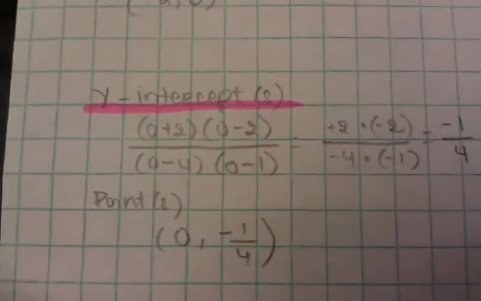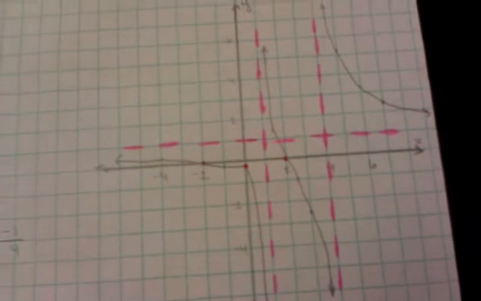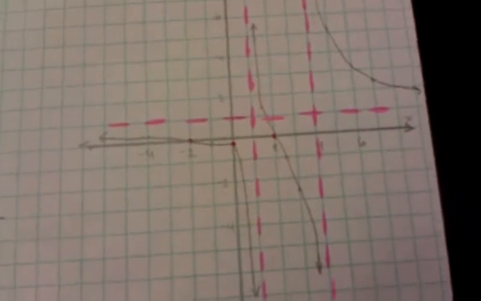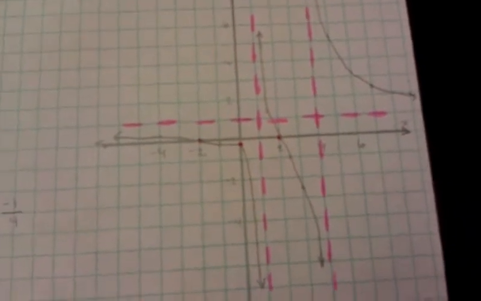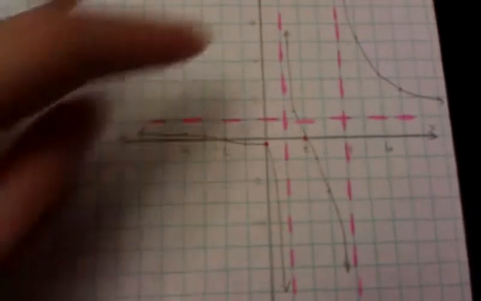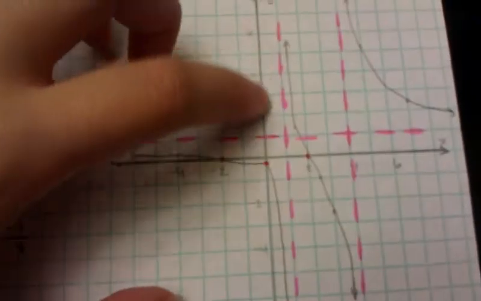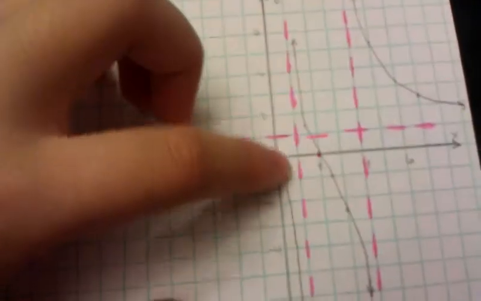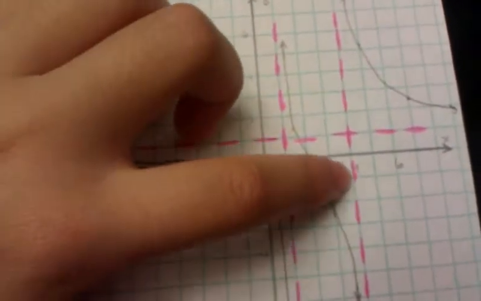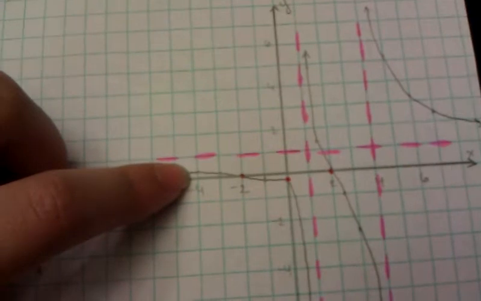Now, the graphing part. You can see there's a highlighter line that shows the horizontal asymptote, which is this line, and this is the vertical asymptote, which is 1 right here, x equals 1 and x equals 4. This is y equals 1.